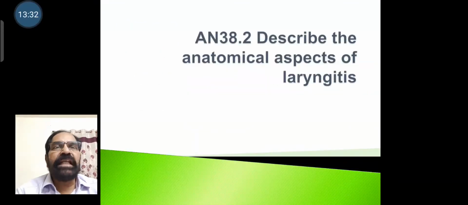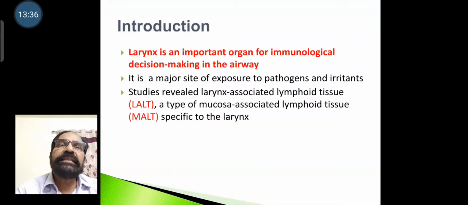Then we go to describe anatomical aspects of laryngitis. Larynx is an important organ for immunological decision making in the airway passage. It is a major site of exposure to pathogens and irritants. Studies have revealed larynx associated lymphoid tissue, a type of mucosa associated lymphoid tissue specific to the larynx.